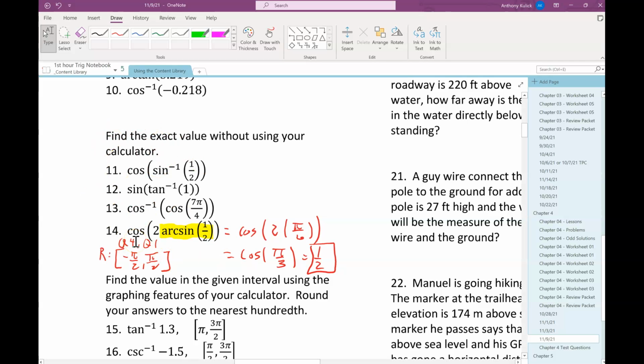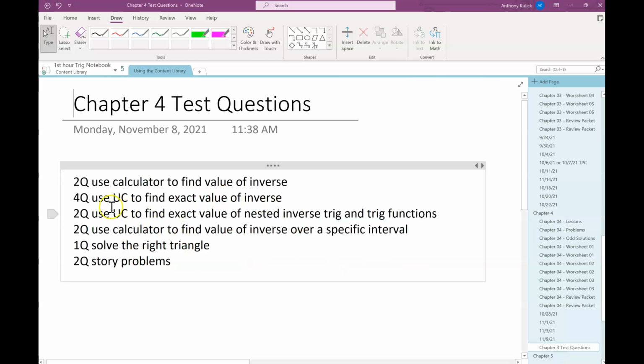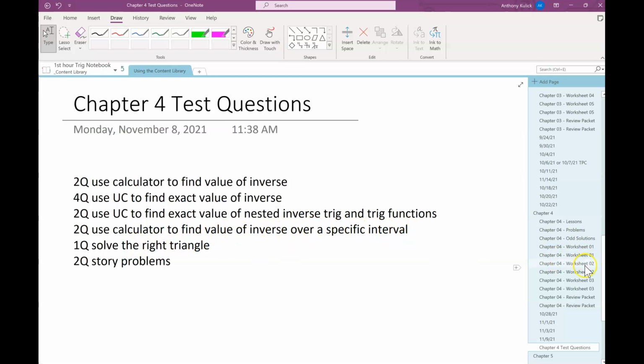I think there's a whole mess of these questions on the review also. Then 2 questions where we ask you to use your calculator to find the inverse over a specific interval. That's all of what you did on worksheet 2, the same kind of problems we did on the homework quiz.